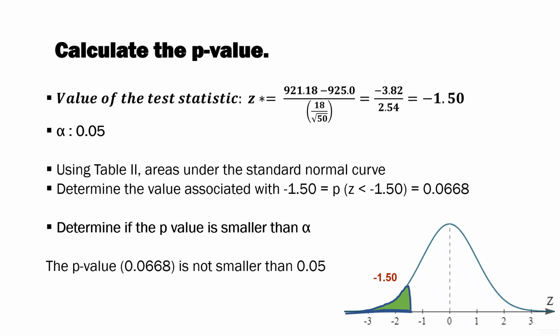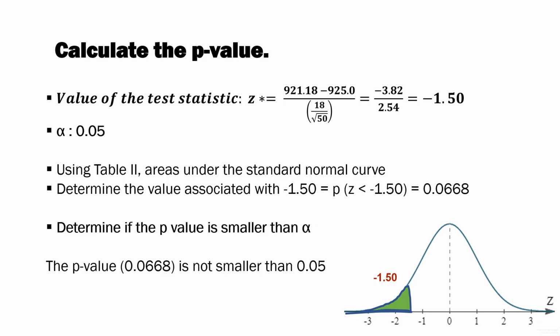All right, so we were already able to calculate the value of the test statistic when we had done it previously, and it ended up being negative 1.50. So what does that mean? How do we know whether to reject or accept? Well, not really accept, fail to reject, and make a decision, and we need to calculate our probability value.